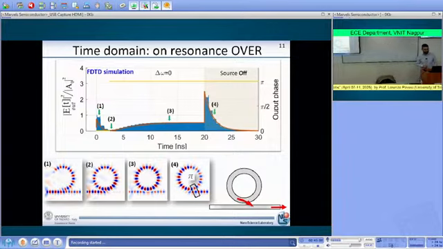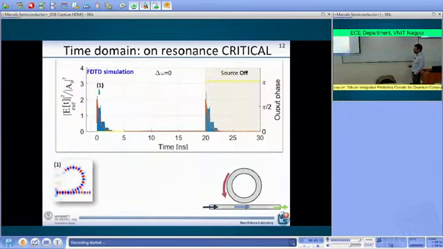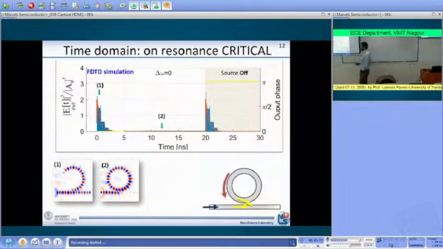Now we can repeat the calculation for the microring resonator when it is in a critical resonance condition. And so if we do that, this is what we observe. We start with our light that is coupled into the microring resonator. So we have a peak of light. And then, after a round trip, we get a perfect destructive interference between the light that is coupled inside the microring resonator and the light that is arriving from the bus waveguide.